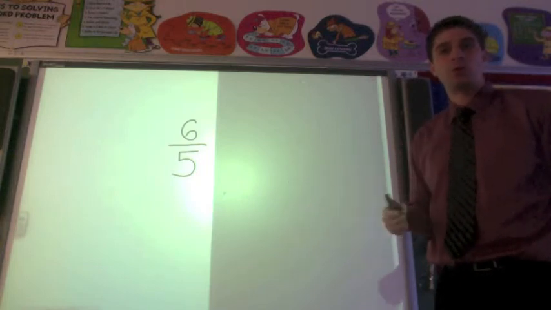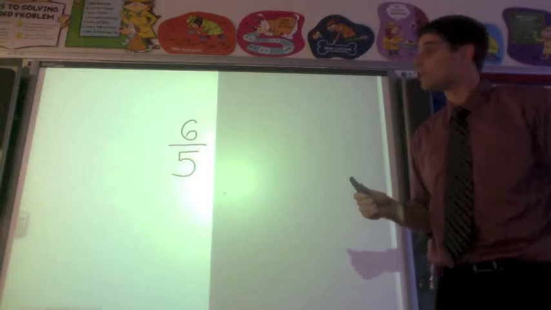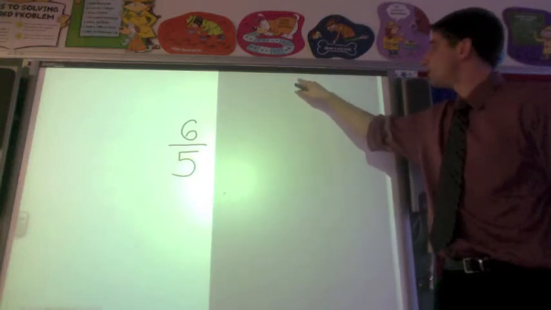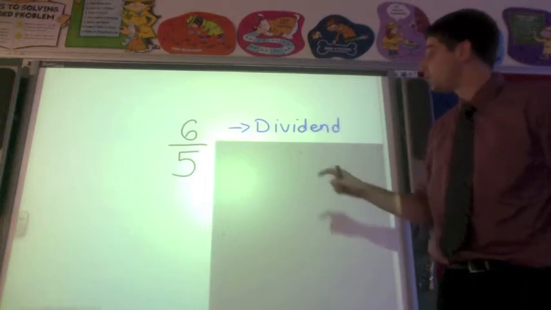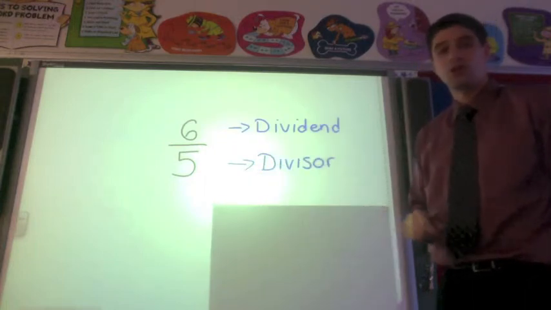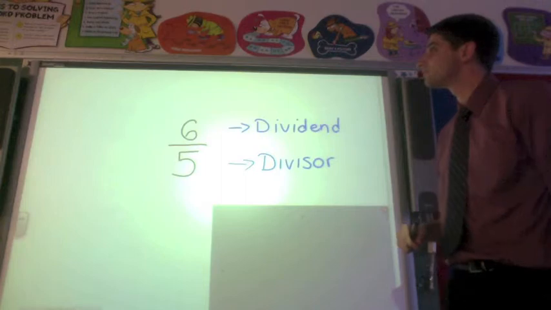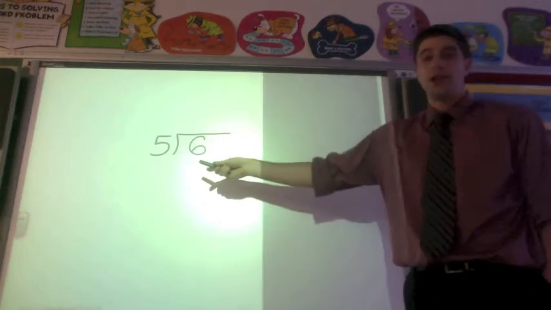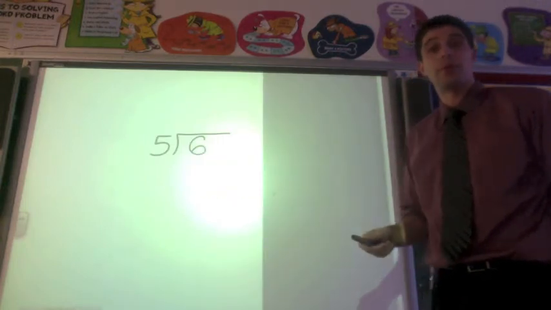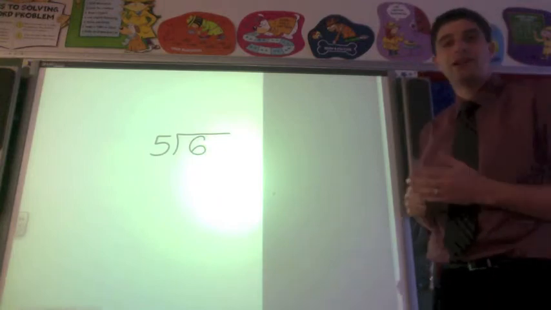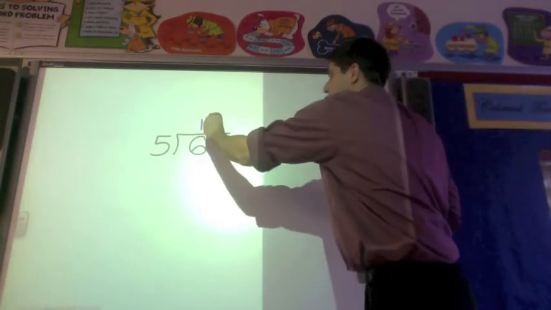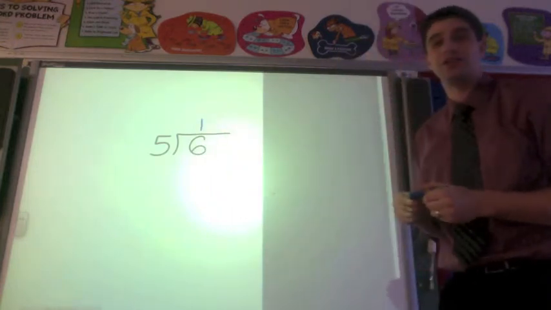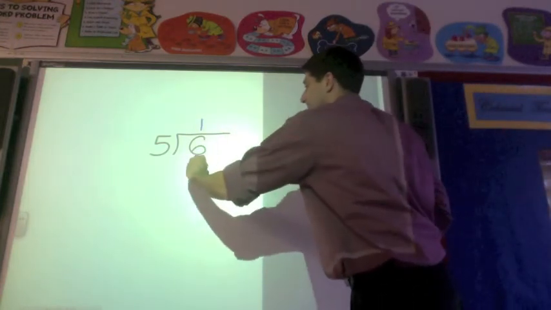6/5. Who remembers which one is the dividend and which is the divisor? Well, if you said that 6 was the dividend, you're correct. And if you said 5 was the divisor, you're also correct. So now I'm going to solve my problem. How many times can 5 go into 6? 1's the correct answer. 1 times 5 is, you guessed it, 5.